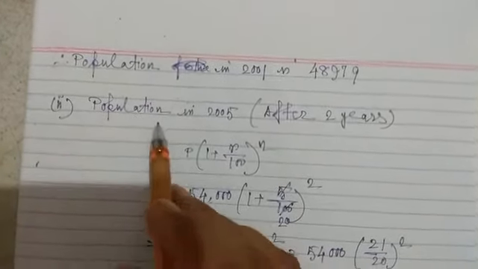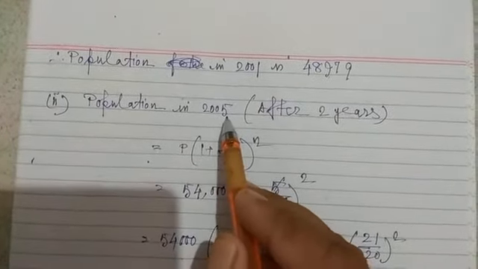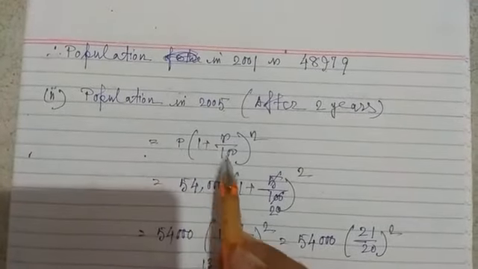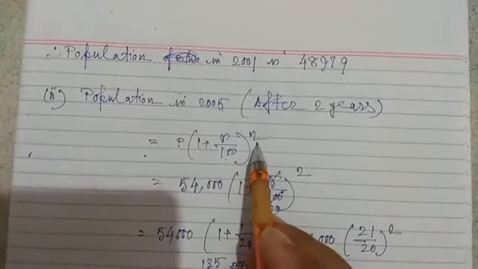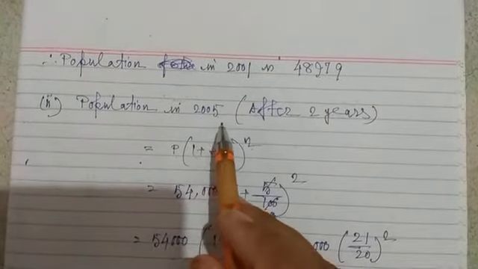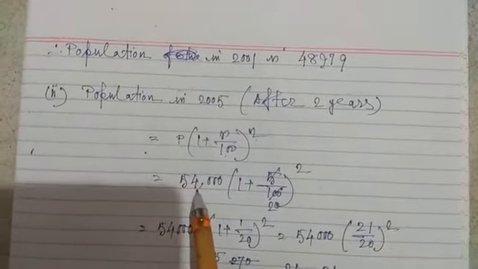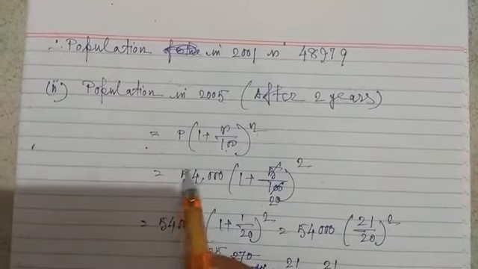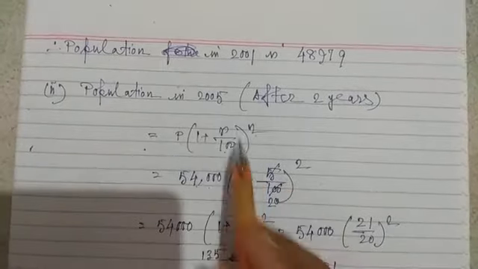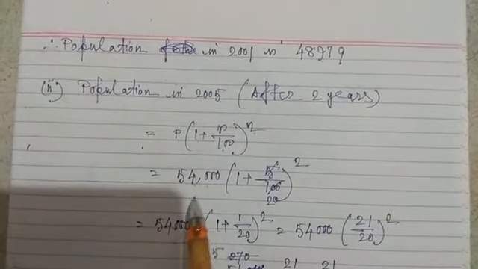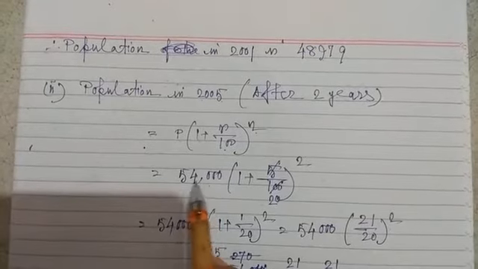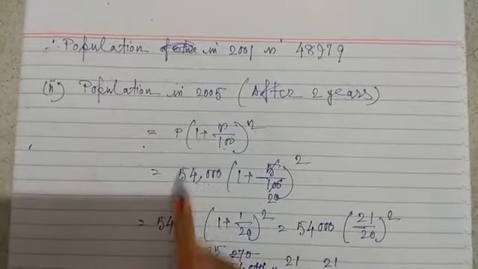Next part. Population of the town in 2005, that is after 2 years, equal to P into 1 plus R by 100 whole to the power n. So this is the principal, 54,000. This is the population of the town in 2003, and difference between 2003 and 2005 is 2 years. So when population of the town in 2003 is 54,000, this is the principal.